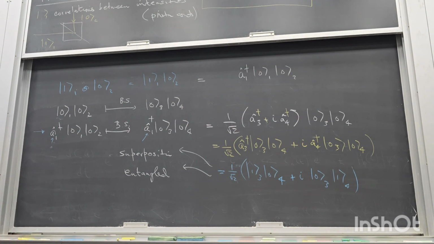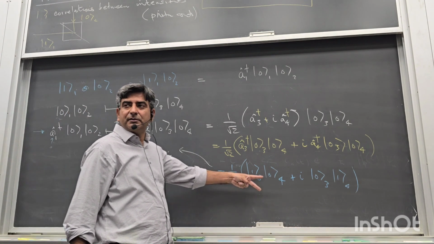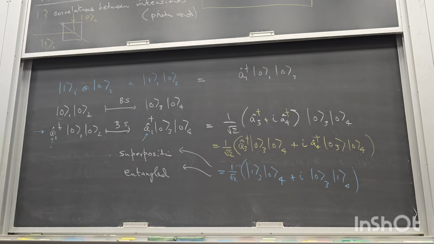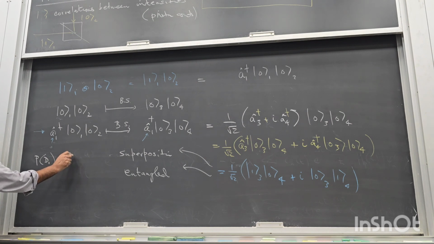So in this particular case, if this is a pure quantum state, the probability of detector D1 clicking, now D1 clicks when there is one photon.